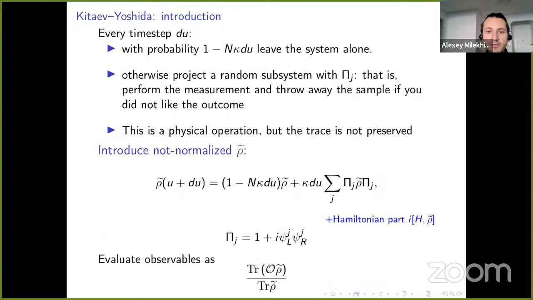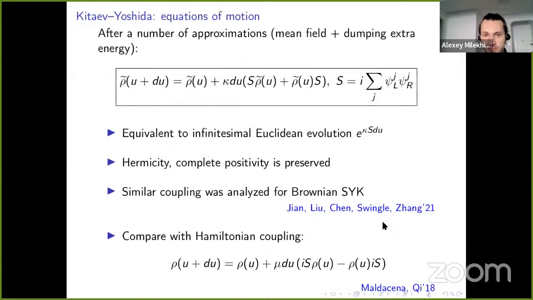There was a question if I can represent it as some exponent, and it's a very good question. You can take this equation, which is an exact equation, and you can do a number of approximations. I don't really want to go into the details because we have a whole section in our paper discussing this, but the answer is yes.